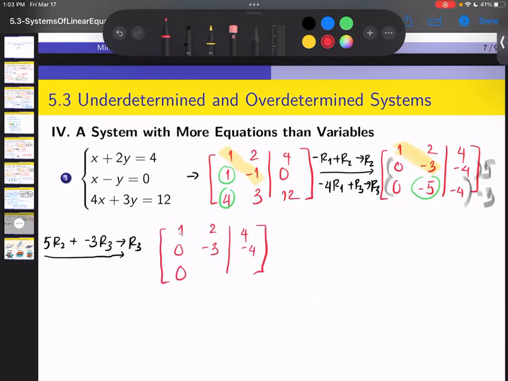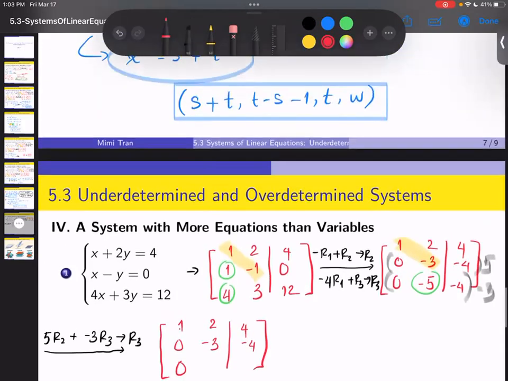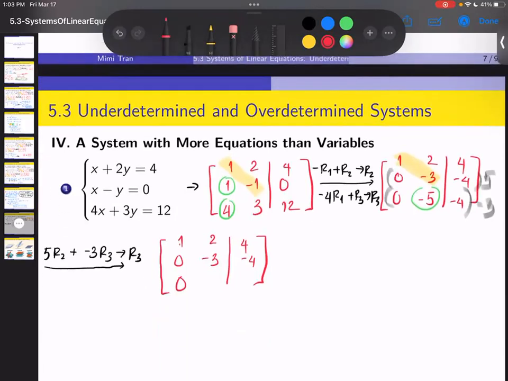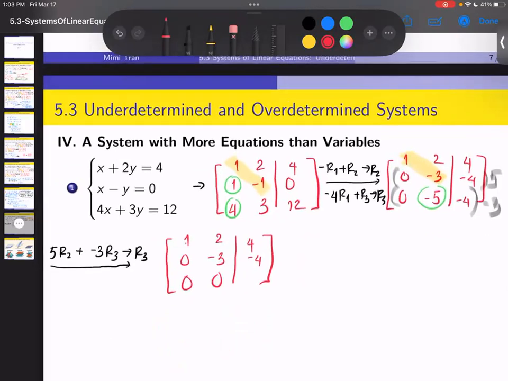This should be 0. I know this guy should be 0. 5 times negative 3 is negative 15, and then negative 5 times negative 3 is positive 15. You add them together, it's 0. Second entry also 0. Now the last one, 5 times negative 4 is negative 20 plus 12.